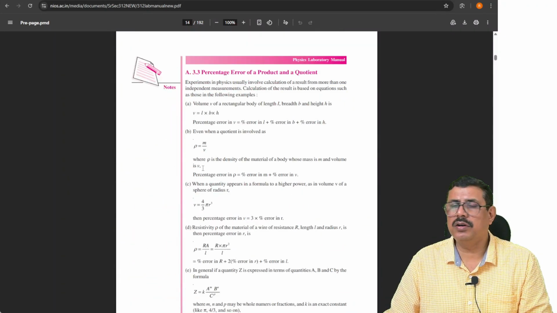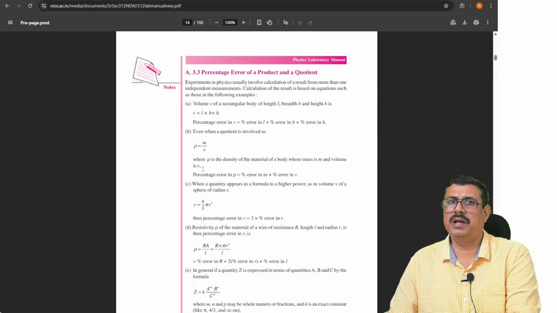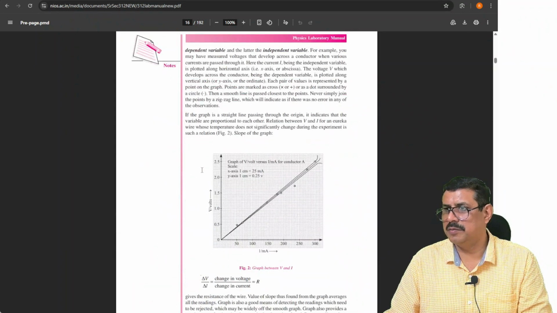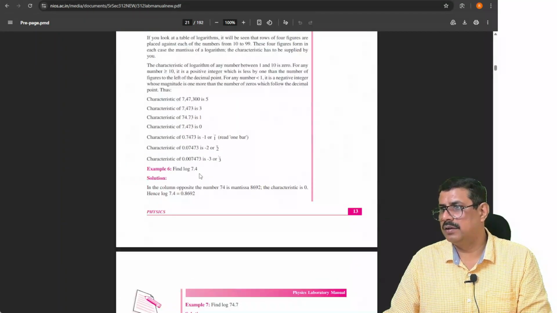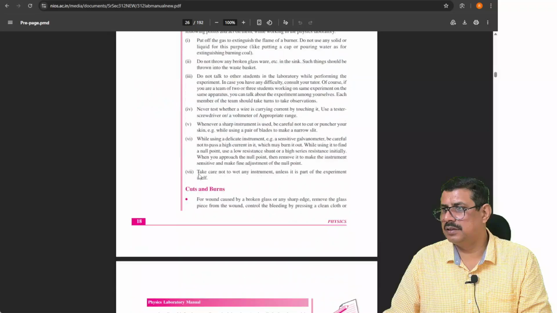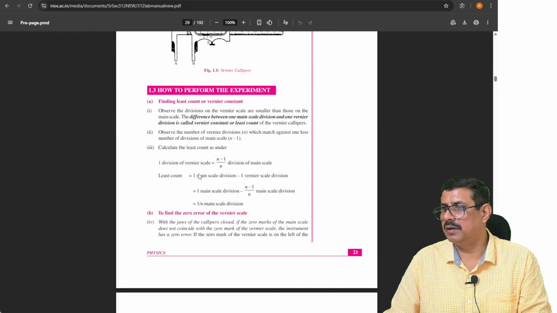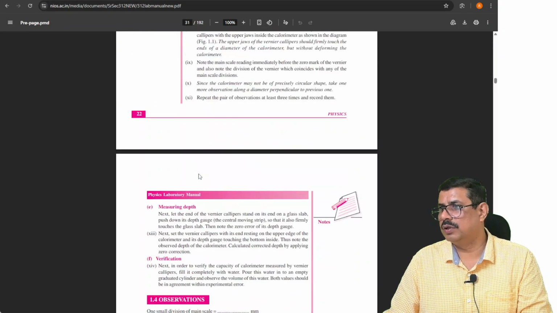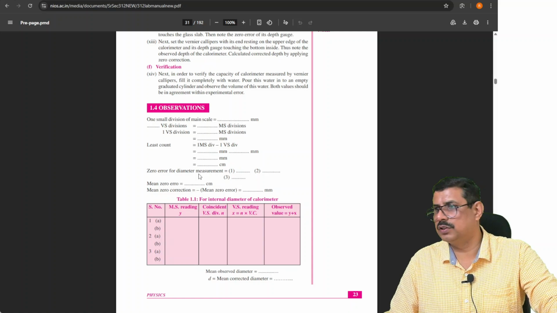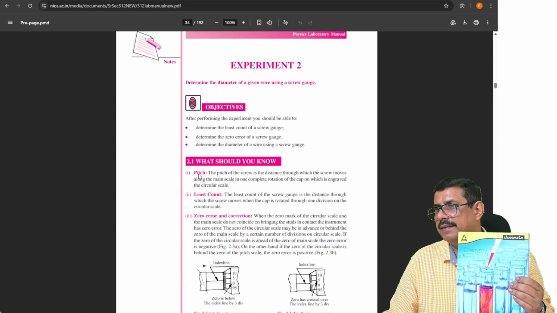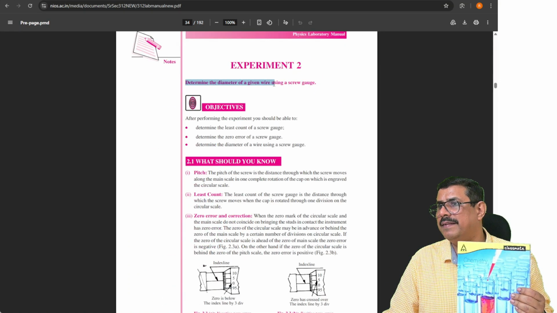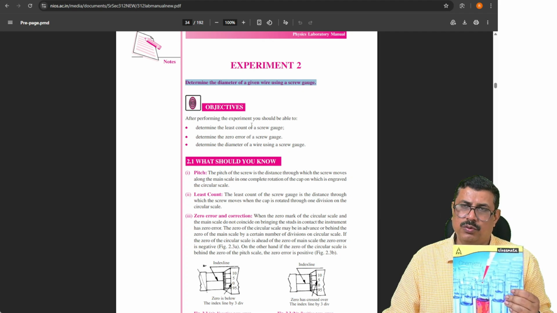Why can't you write from the NIOS manual directly? Let me tell you why. This is experiment number 2 in the NIOS manual, which I have noted in this notebook as experiment number 1: determine the diameter of a given wire using a screw gauge.